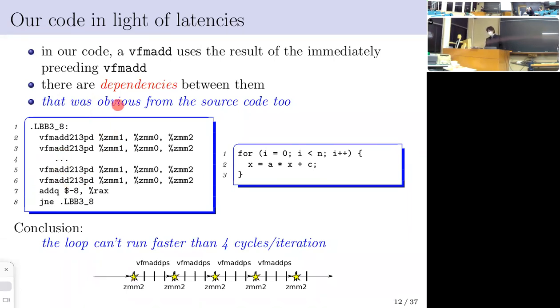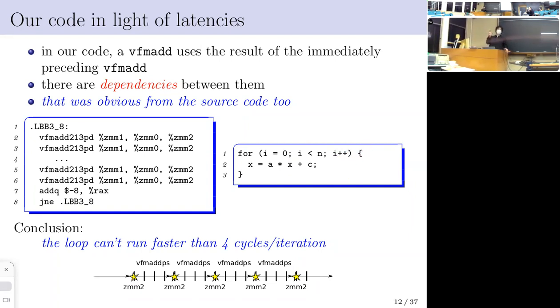Well, actually, it is obvious from the source code too. So you don't have to look into the actual generated assembly code just to understand that the next AX plus C depends on the result that comes from the very previous iteration, right? Each iteration writes into X, and the same X is used by the immediately next iteration. So you don't have to look into the assembly code at all just to understand there are dependencies between two consecutive AX plus B operations.